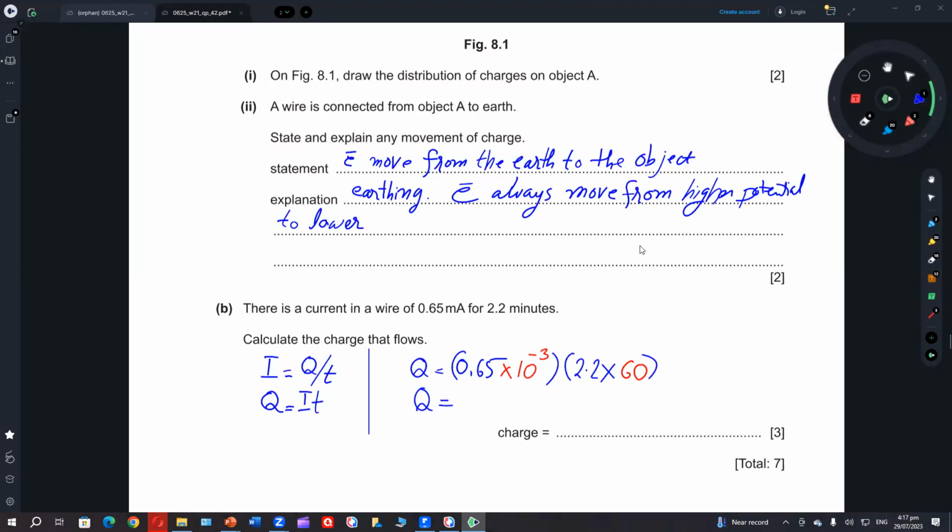Okay, so it will be 0.65 times 10 power minus 3, times 10 power minus 3.